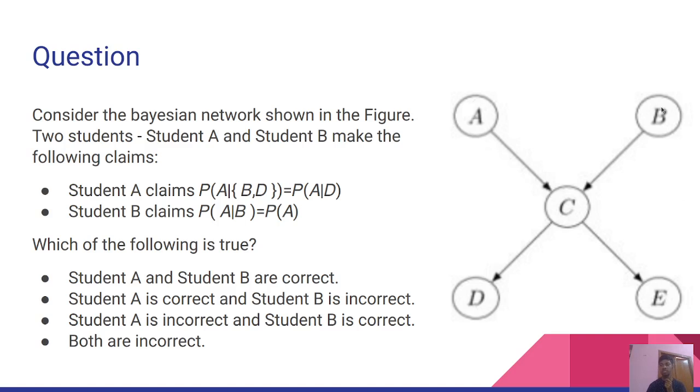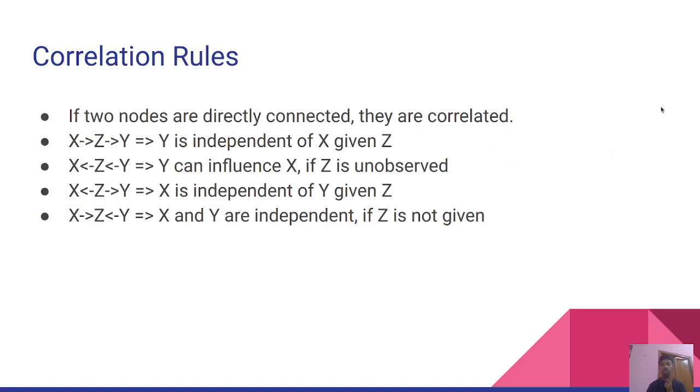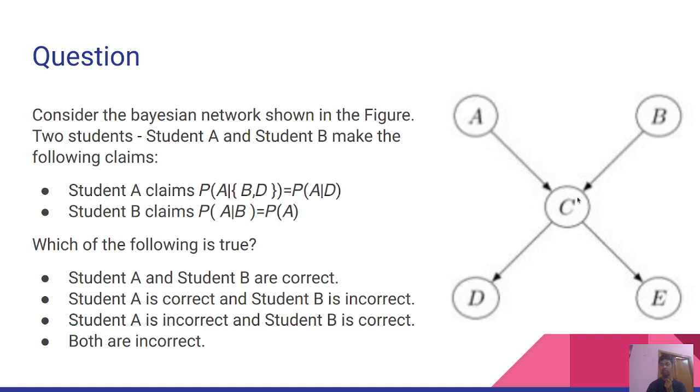So here, E is independent of B only when C is given. Basically, if it is coming like B to C to E, then these two are independent when C is known. So this is one rule.